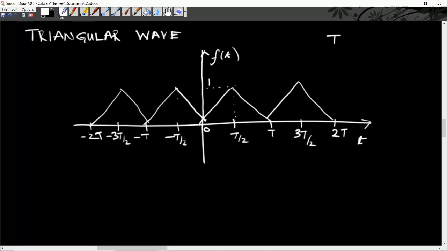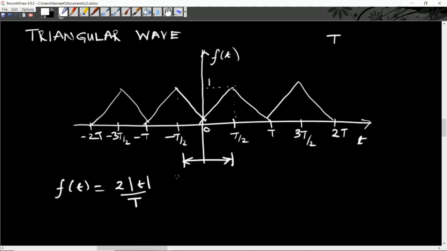First we'll have to define the function between the time interval minus T by 2 to T by 2, of whose Fourier series we want to write. So this f of t can be written as 2 times the absolute value of t divided by the value of capital T. At T by 2 we have the value 1, at t equals 0 the value is 0, and we have this function in terms of the absolute value of time.